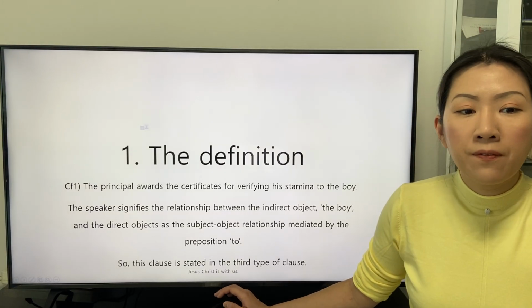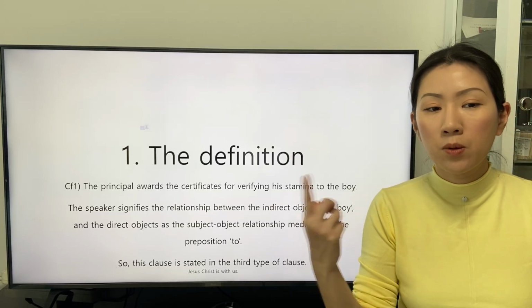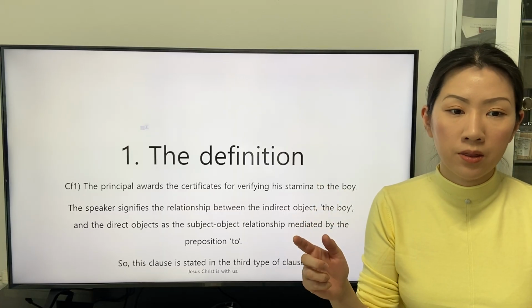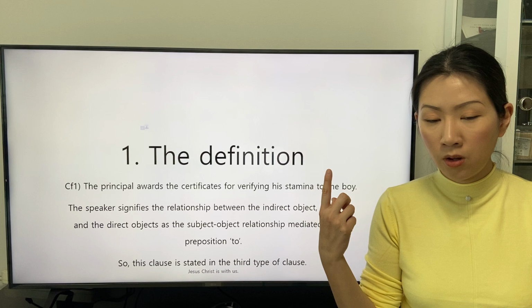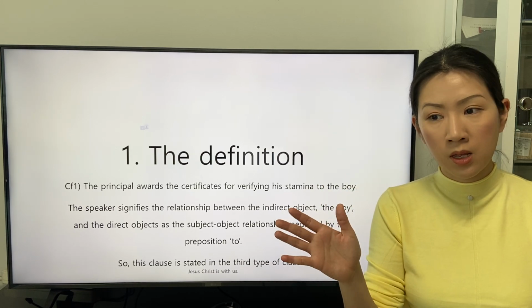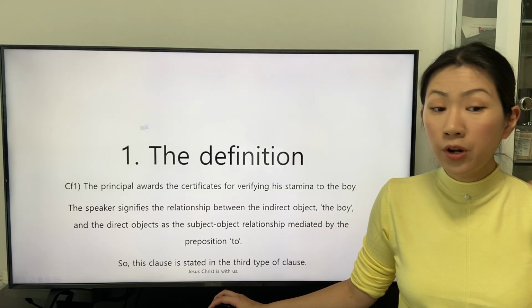The speaker signifies the relationship between the indirect object, the boy, and the direct object as the subject-object relationship mediated by the preposition to. The speaker intends to state the subject and the direct object relationship in the simple way. So this clause is stated in the third type of clause.